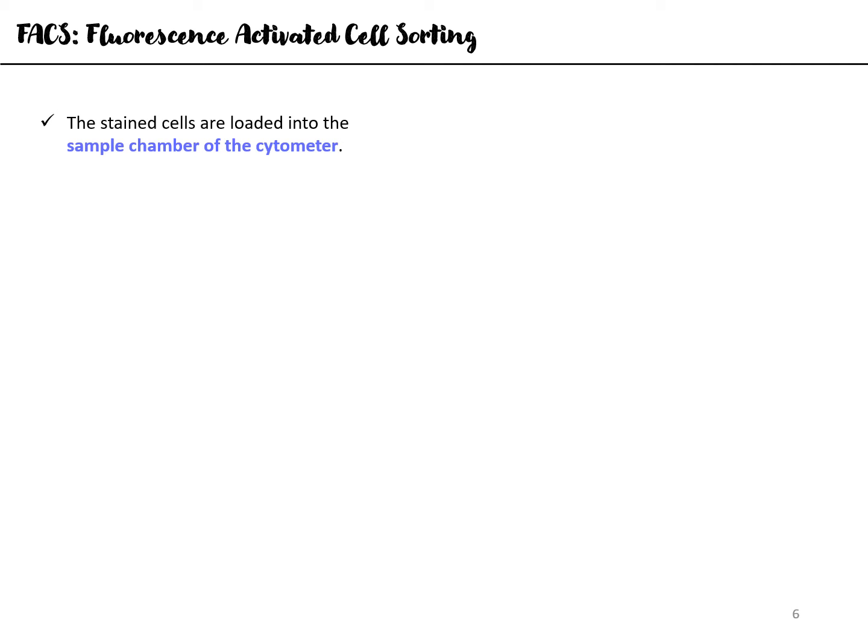So the first step would be that you allow the cells to incubate with these fluorophore conjugated antibodies, and once they have incubated and the antibodies have bound, you wash it to remove the excess antibodies from the solution, because the excess free antibody molecules in the solution would be interfering with the detection, and then you load the cells into the sample chamber of the cytometer.